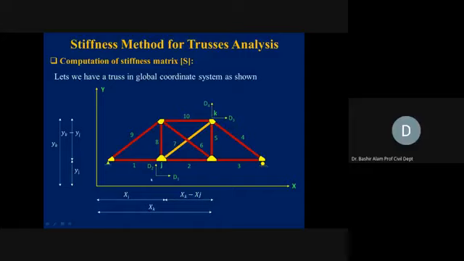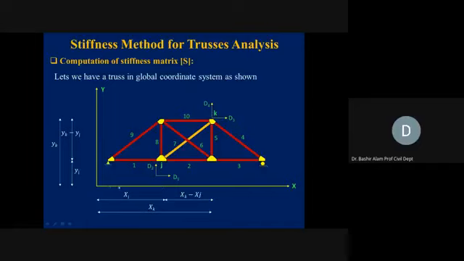Now coordinates of this joint J and joint K are given. This J from the origin, it is located horizontally at XJ. Here we see it. And joint K, it is located horizontally at XK. So what is the horizontal projection of this member 7? It will become XK minus XJ, which is recorded here.